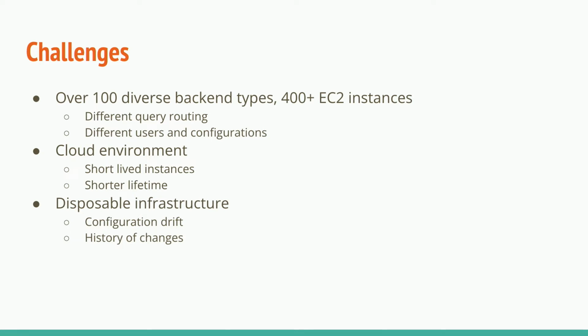And the third challenge is if you run many instances of anything, you know that configuration drift is a problem, right? So you need to make sure that config of instance is what you expect it to be. And usually people solve this problem by immutable infrastructure, especially in stateless services.